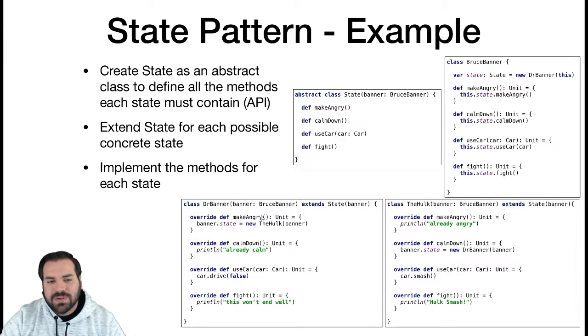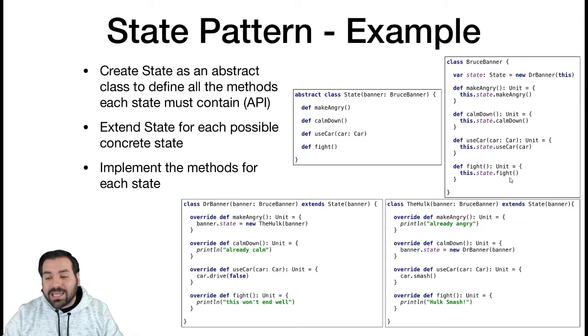And then, since we're extending state, we have to implement all 4 of these methods. So we implement all 4 of these methods, and at this point, once we have our structure, we have our state attached to Bruce Banner, we have the state API, these 4 methods. We're calling those API methods because we're guaranteed if this is a variable of type state, it has to implement these 4 methods.